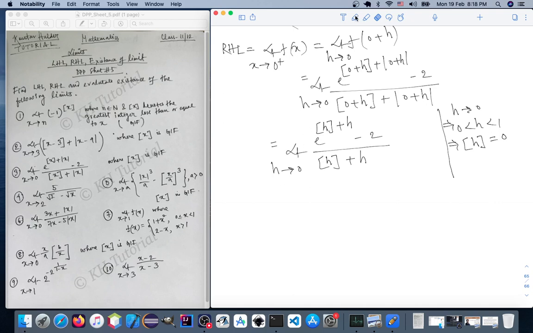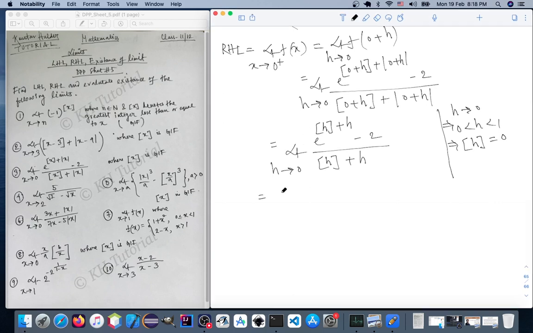This equals the limit h tending to 0 of (e to the power h minus 2) divided by h.